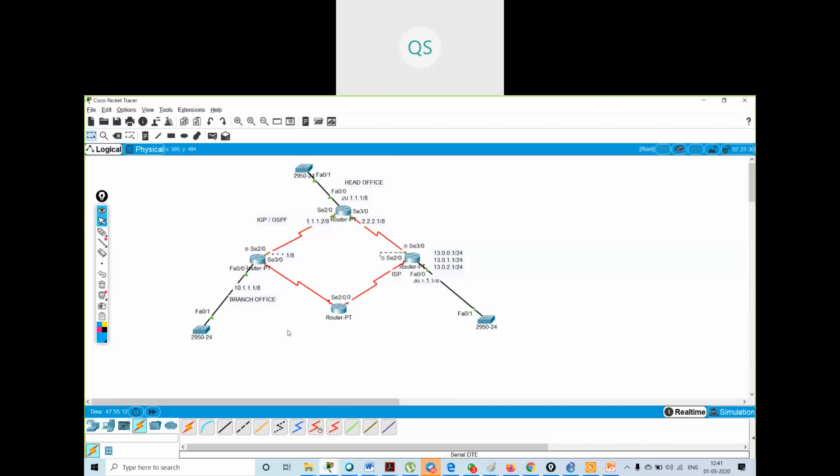Okay, I've made the connection. I'm using the 1 dot network over here, and this is my router 3. I'll be using the 3 dot network.